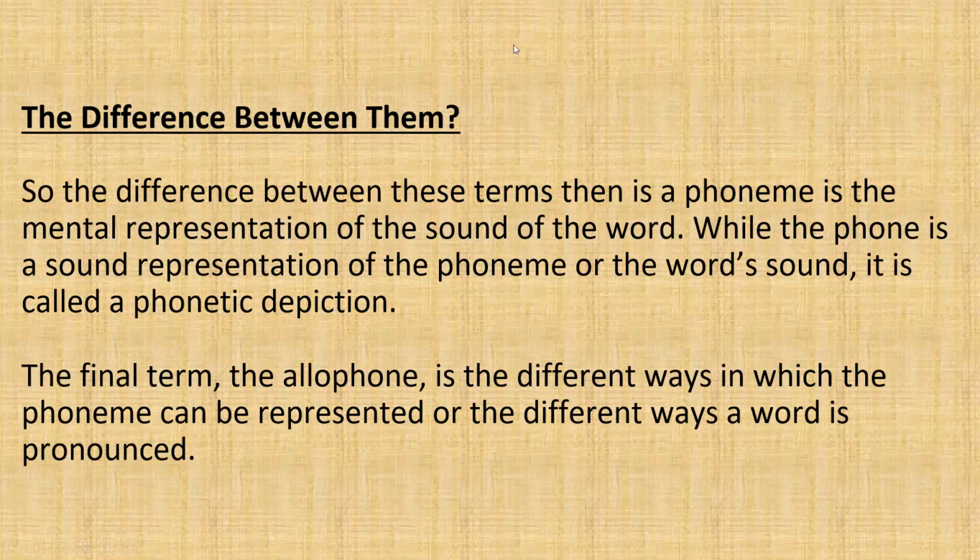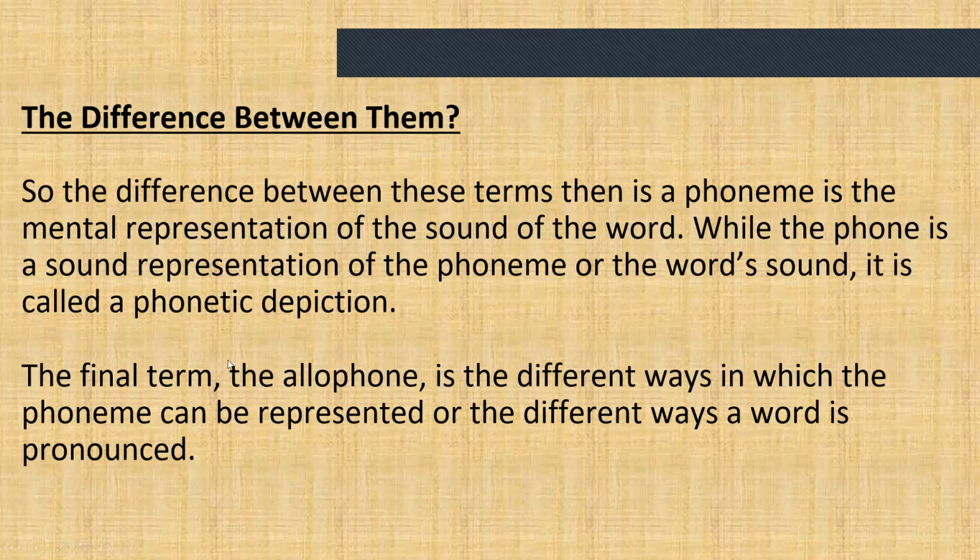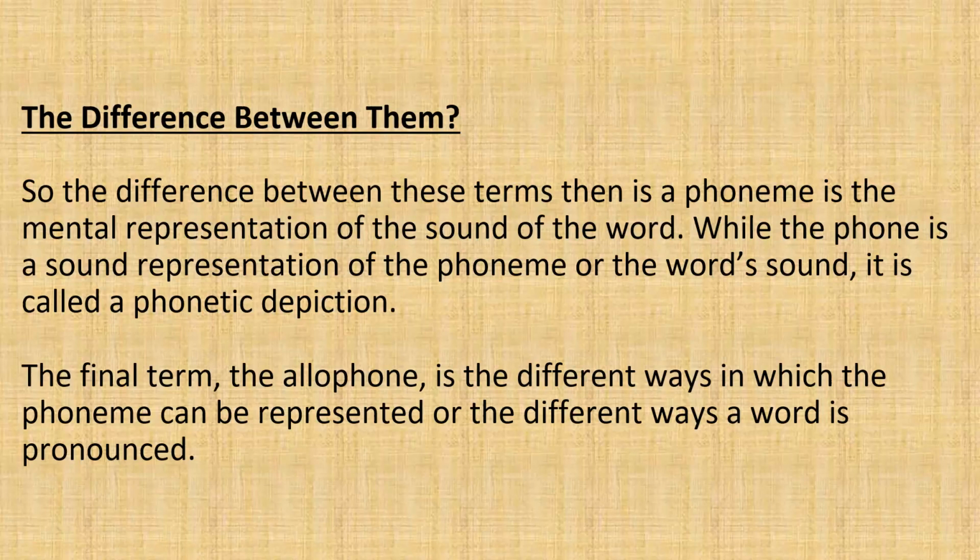Okay, is it clear? Yeah, ma'am. Understood. So the difference between these terms is that the phoneme is the mental representation, the phone is the sound representation, and the allophone is the different ways in which one phoneme can be pronounced.